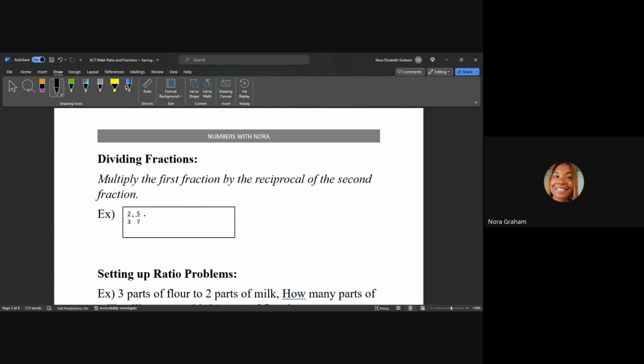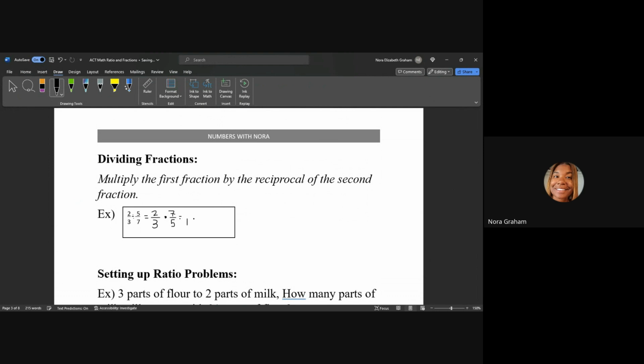So I'm just going to set up what we would do here. So for this one, I would have 2 over 3. And this division sign is going to turn into multiplication. And I flip my second fraction. So instead of 5 over 7, I put 7 over 5. Okay. And then I just multiply across.